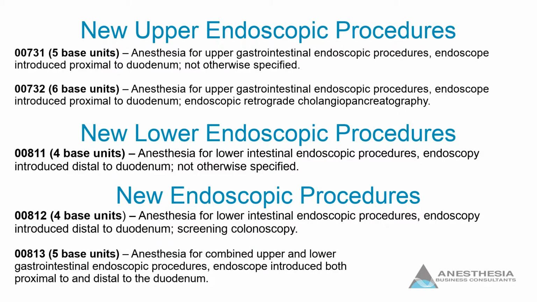Last year, the codes for endoscopic services were modified. There were only 2 ASA codes for endoscopy, 00740 for upper GI procedures and 00810 for lower GI services. All cases were worth 5 base value units.